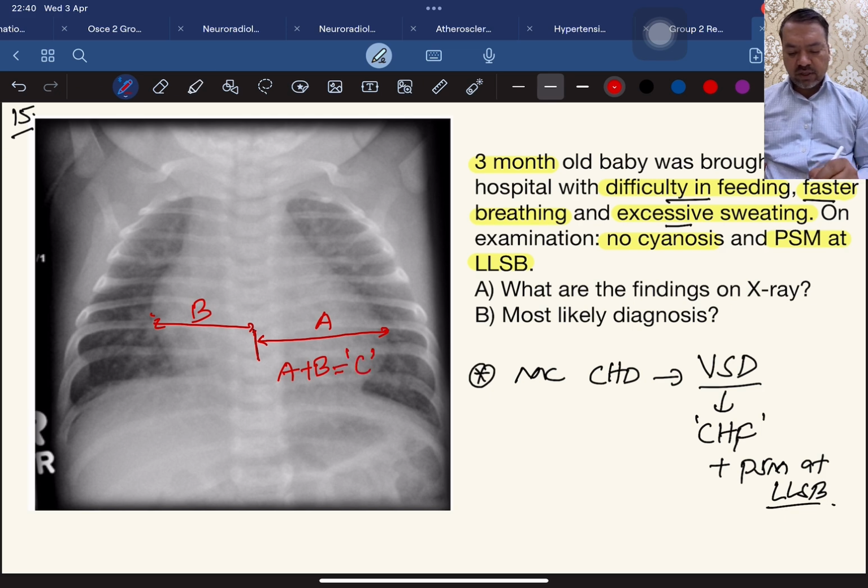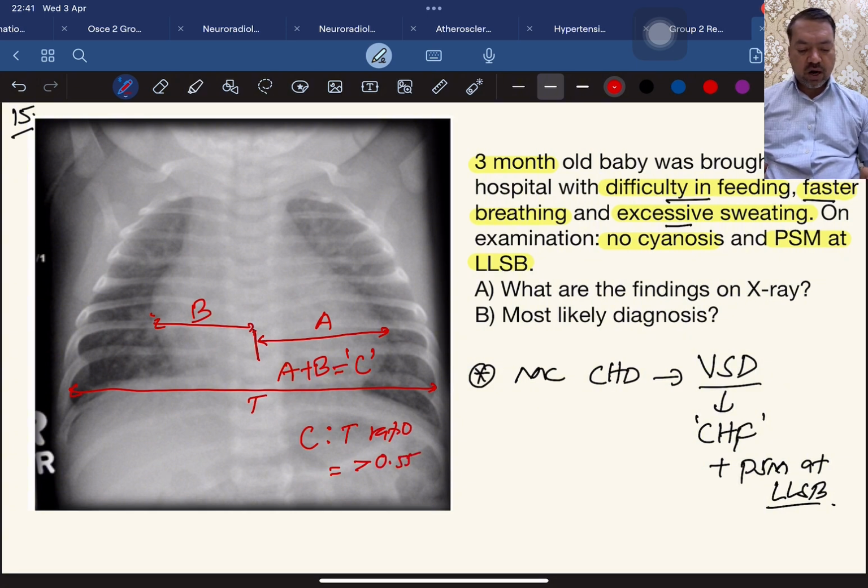Another is the thoracic diameter, which is T, and the C to T ratio is called the CT ratio. If it is more than 0.55, or 55%, then it is called cardiomegaly. So this X-ray has cardiomegaly. There's no doubt.